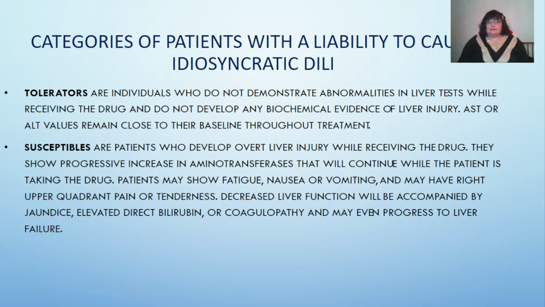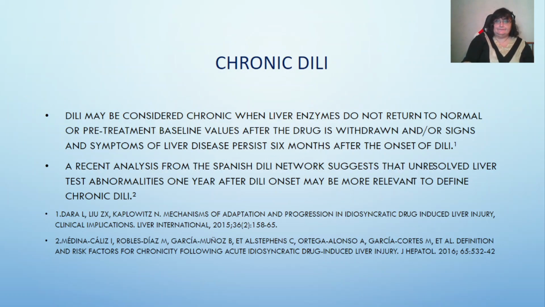They show a progressive increase in aminotransferase that will continue while the patient is taking the drug. Patients may show fatigue, nausea, or vomiting, and may have right upper quadrant pain or tenderness. Decreased liver function will be accompanied by jaundice, elevated direct bilirubin, and coagulopathy, and may even progress to liver failure.